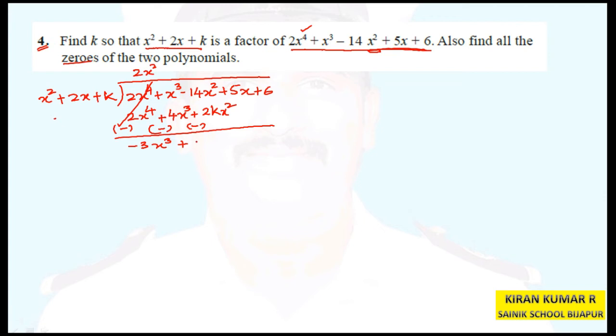So I'll write it as x square times of minus 14 minus 2k plus 5x plus 6. Now you simply observe the first term.